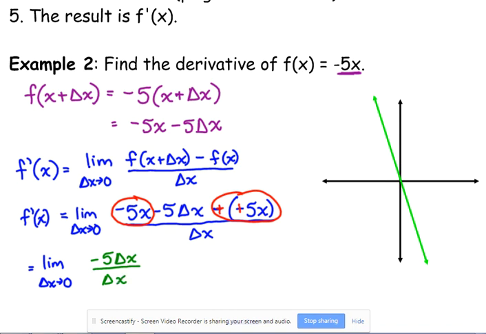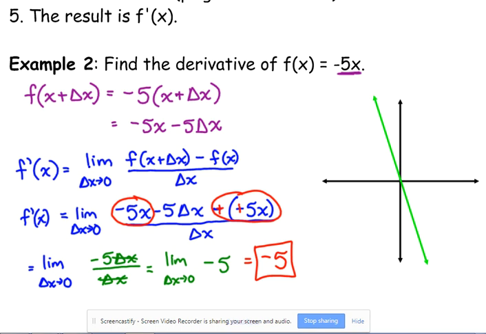Well, what happens to those delta x's? We can cancel those. So we've got the limit as delta x approaches 0 of negative 5. What was the limit of any constant number? That constant number, okay? So it turns out that this derivative is negative 5.